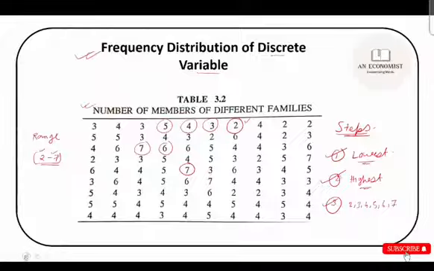So suppose here, how many 2's are there? You want to know how many 2's are there. So here you have 1, 2, right? Here you have another 2, another 2. So just count how many 2's are there in the data set. And where else?